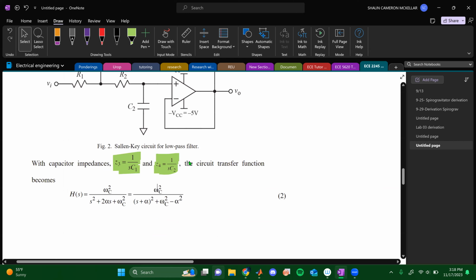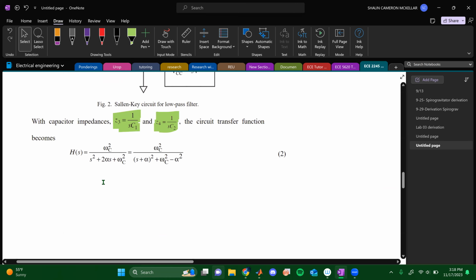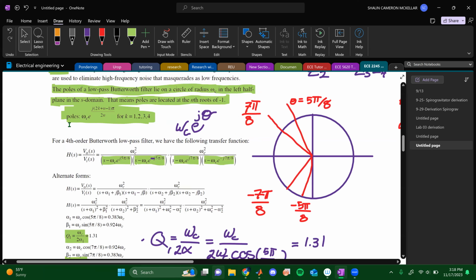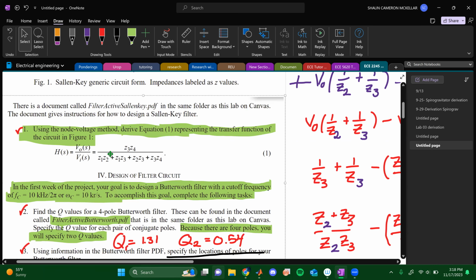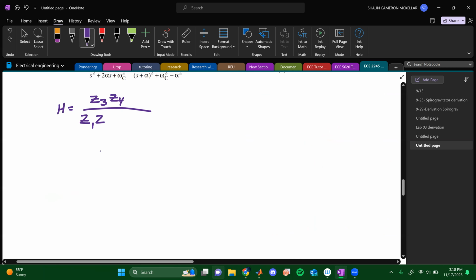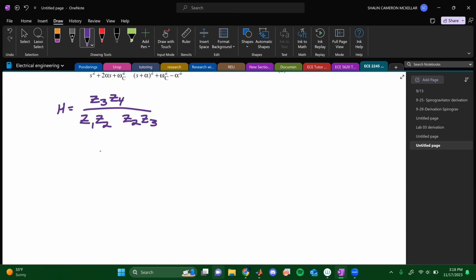So let's take our existing transfer function. What was it? It was H equals Z3 Z4 over, I'm just going to write it all out. So that's Z1 Z2, Z1 Z3, Z2 Z3, Z3 Z4, I think.